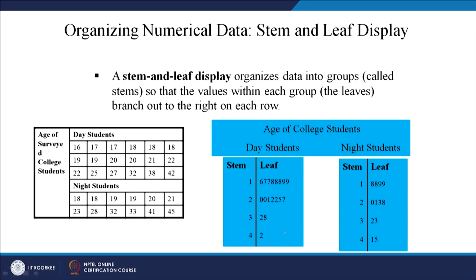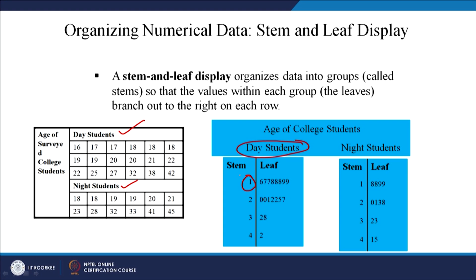So, let us look at the same example wherein we have used students of daytime and evening time or night time, right. If you look at the stem and leaf diagram for day students, on the stem side you have got, let us say, 1, right.